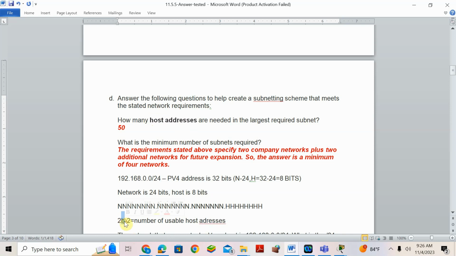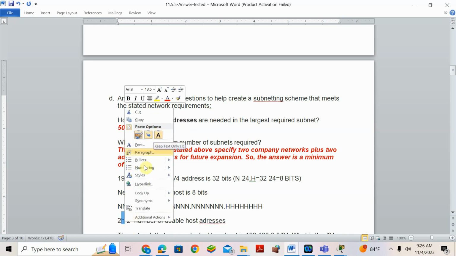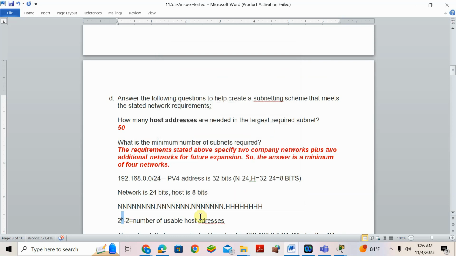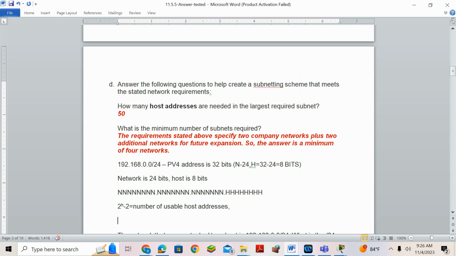The number of usable host addresses, the formula is 2 power h minus 2. I will make the h a superscript. 2 power h minus 2 equals host. Here I have 8 bits for host. 2 power 1 is 2, minus 2 is 0. 2 power 2 is 4, minus 2 is 2.